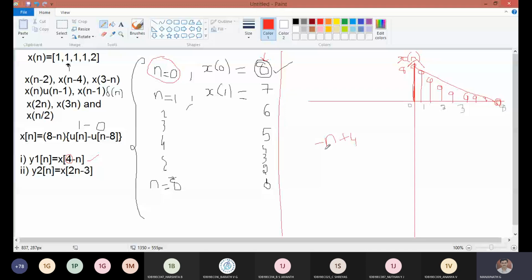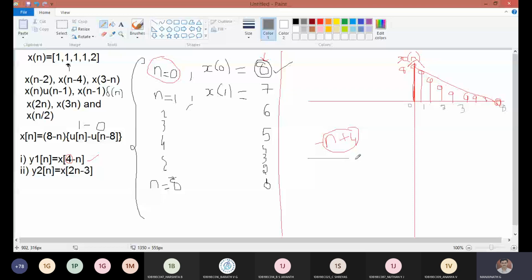So if you reshuffle the question as 4 minus n equal to minus n plus 4, then you're supposed to plot n plus 4 first. n plus 4 means it is called a delay or advance. Advancing, sir. Good. So advancing the given signal.